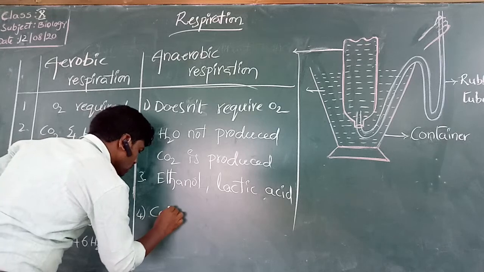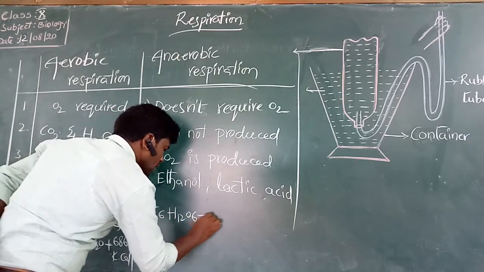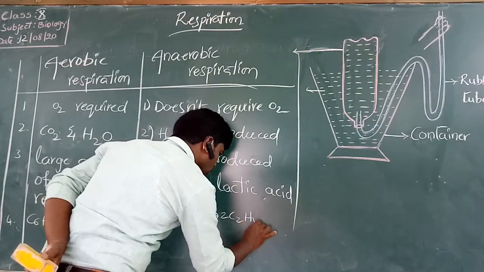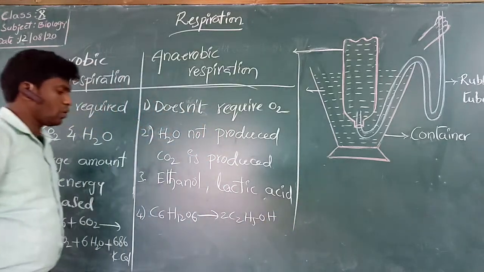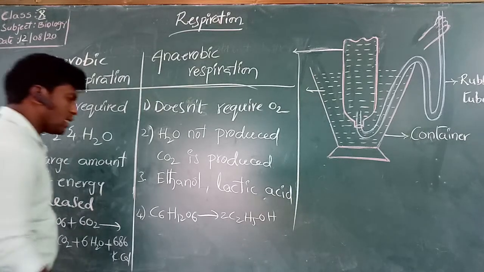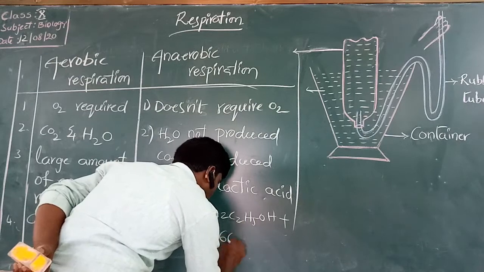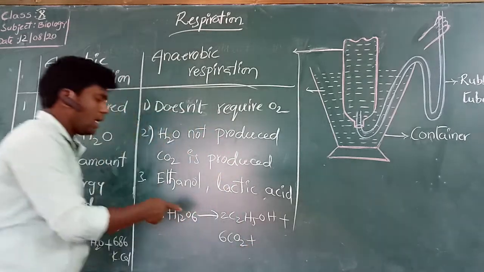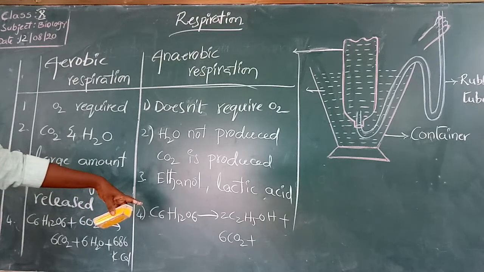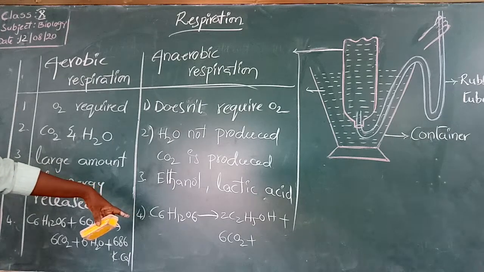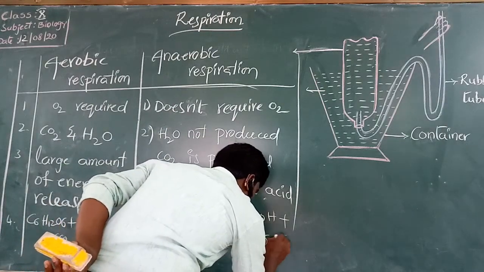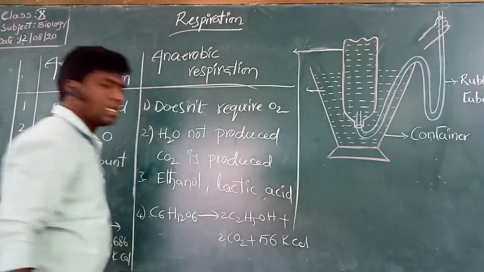In anaerobic respiration, glucose C6H12O6 is converted into 2C2H5OH, ethanol or ethyl alcohol, and carbon dioxide plus 56 kilocalories of energy produced in this process.